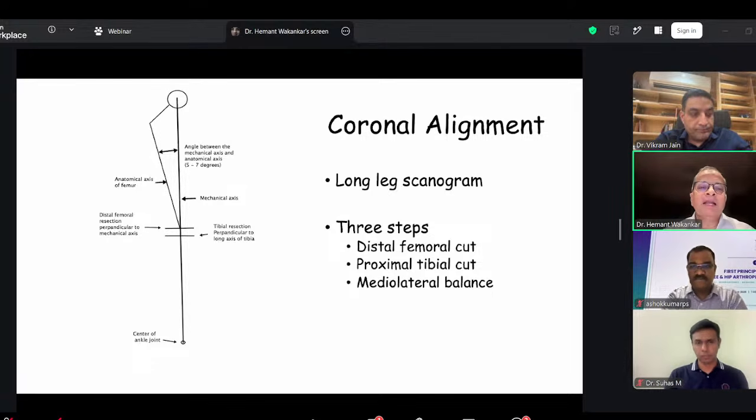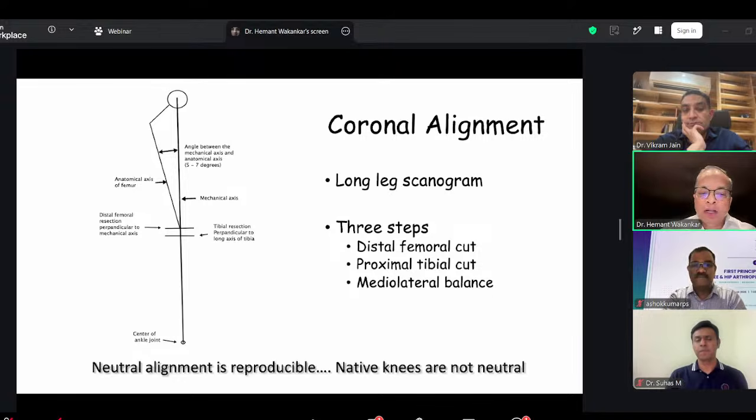And TKR basically is a simple surgery where you're doing a distal femoral cut, you're doing a proximal tibial cut, and you are having a medial and lateral balance or imbalance, as it might be, as you heard earlier. So the bottom line is neutral alignment is reproducible, and aiming for neutral alignment, you go closer to the neutral alignment. But native knees are definitely not neutral, that we have already heard earlier.